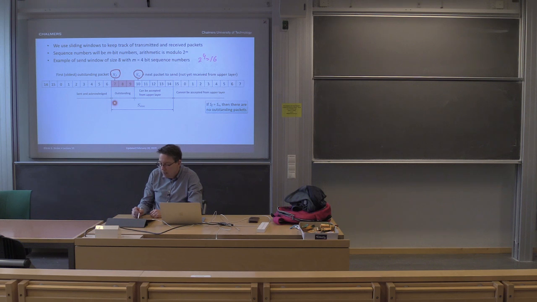At any given point in time, we can think of the sliding window here as being slid to this position, which means that everything to the left, all these packets, all these frames, have already been transmitted and acknowledged. So these have been delivered. Then we have a number of packets which are in transmission.